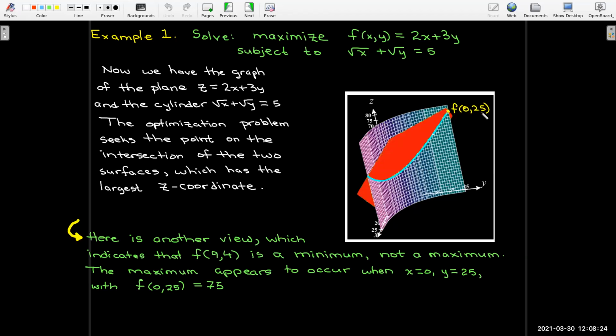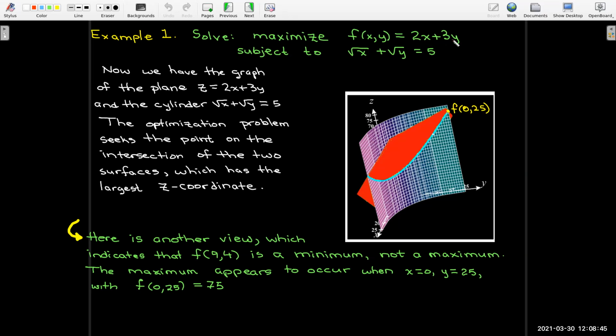When y equals 25 and x equals 0, I get a largest z value of 75. And looking at this objective function, that seems to be what you would want to do, just intuitively.